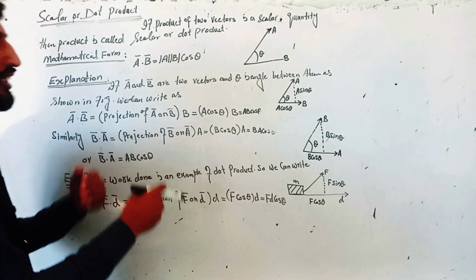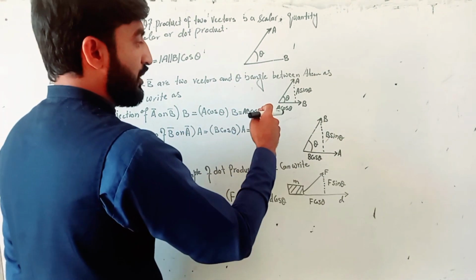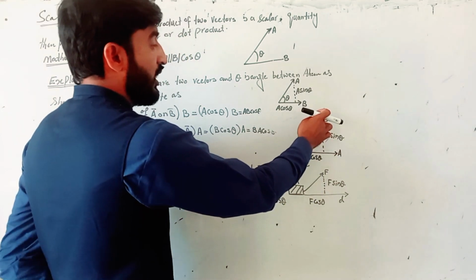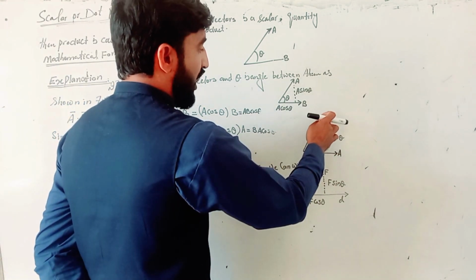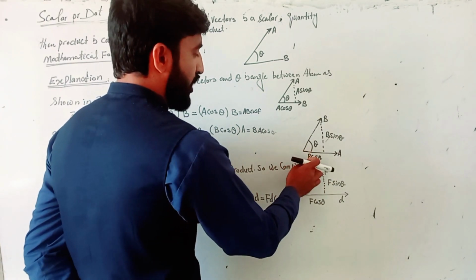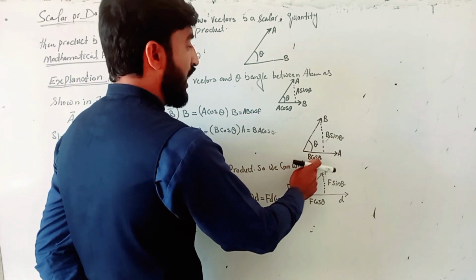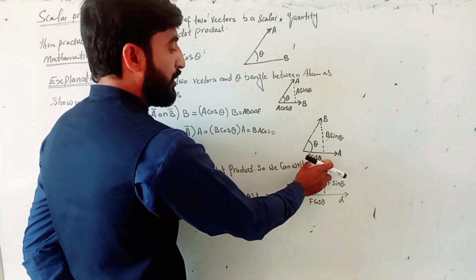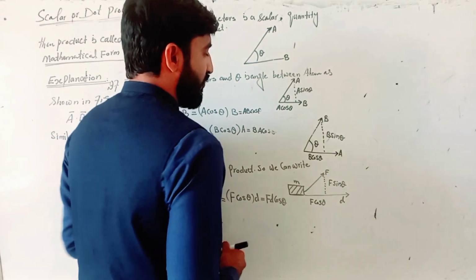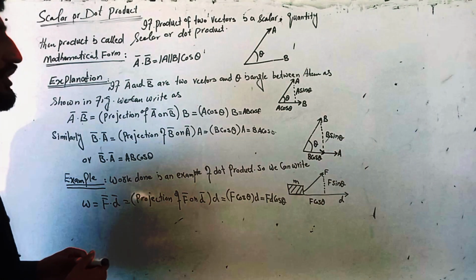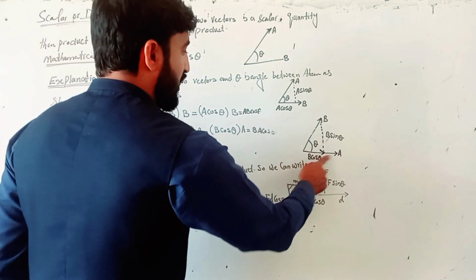Now if we interchange the position of A and B, we will write B here and A right here. Similarly we will resolve vector B into its components. The horizontal component will be B cos theta and the vertical component will be B sin theta. You can see B cos theta is in the direction of vector A. So by taking the dot product of B dot A, we take this component and this vector.